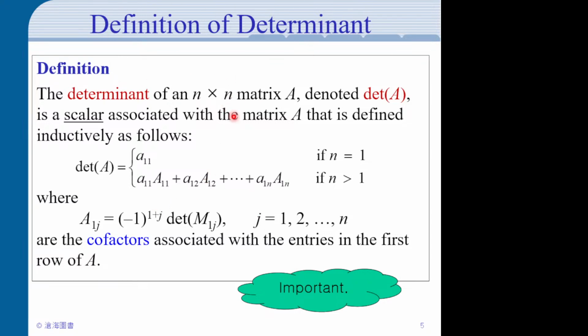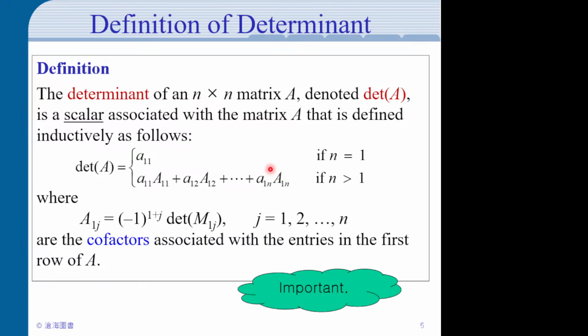So the determinant is defined recursively like this. If you have a 1 by 1 matrix, then your determinant is just whatever matrix element you have. If you have an n by n matrix, then you can define your determinant by the determinants of n minus 1 by n minus 1 matrices.